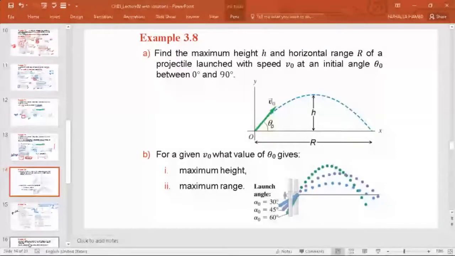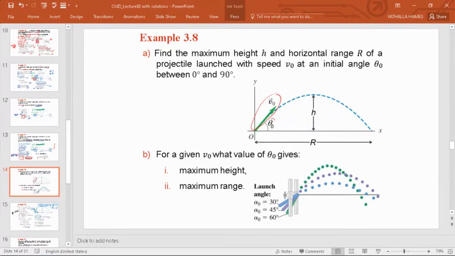Now in example 3 here, they give you a general situation, where you're starting with some initial velocity at an initial angle theta 0, h here meaning the maximum height, and r here meaning the range.